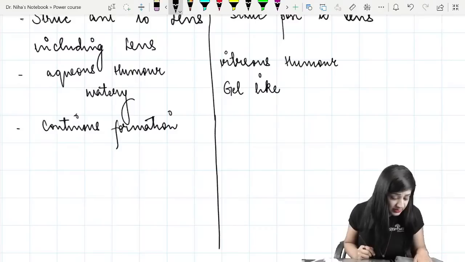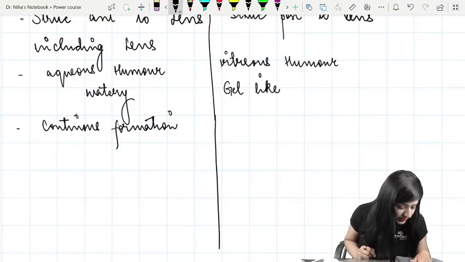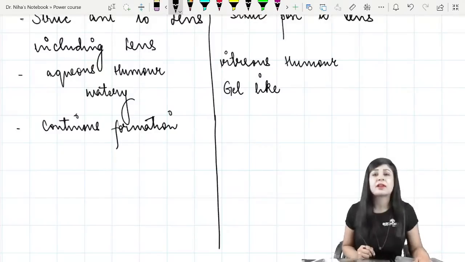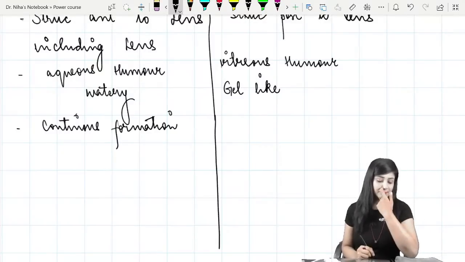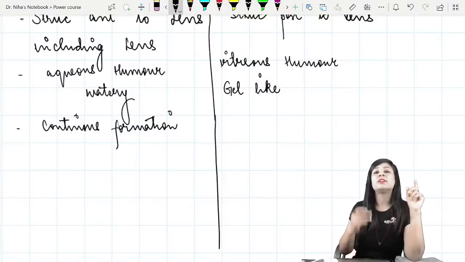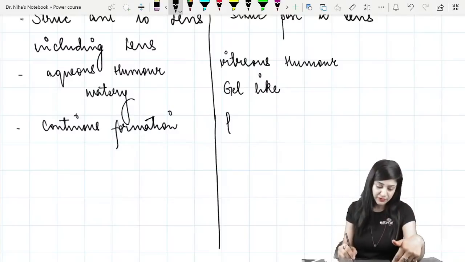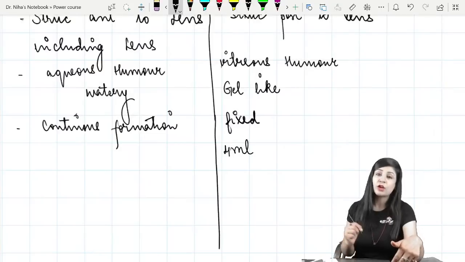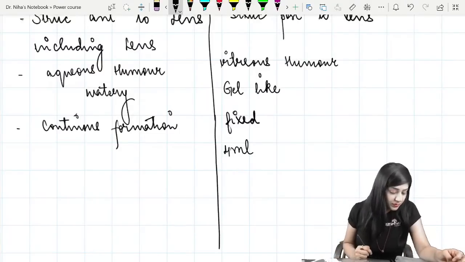After the class, definitely you have to share the good diagram with me. Aqueous humor continues to form, while vitreous humor is fixed. It is fixed at 4 ml. It will not form throughout life.